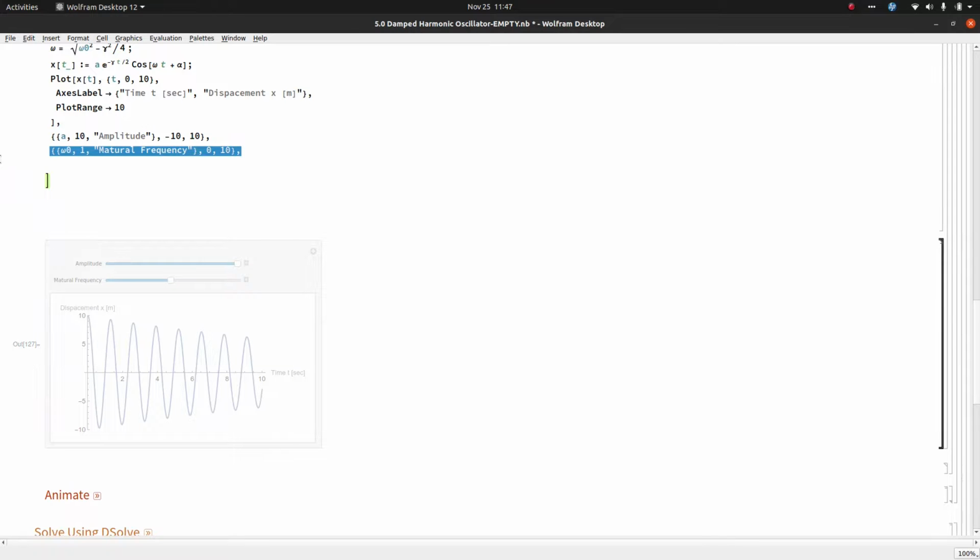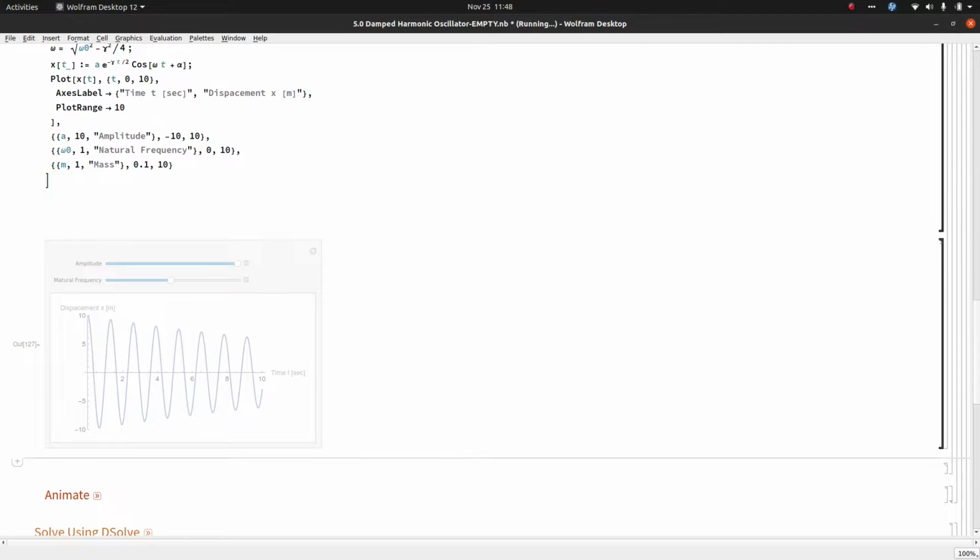Let's see what happens if we change the mass. Oops, it should be natural frequency. We'll let the mass, I don't want to let the mass go to 0 because you'll be dividing by 0 at a certain point.